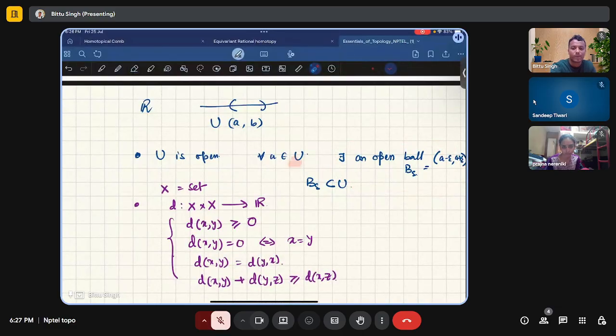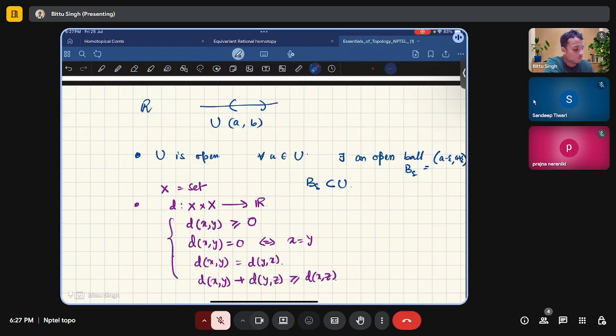Then we call it an open set. The topology where those sets are open is called Euclidean topology, and the corresponding metric for Rn is called the Euclidean metric.